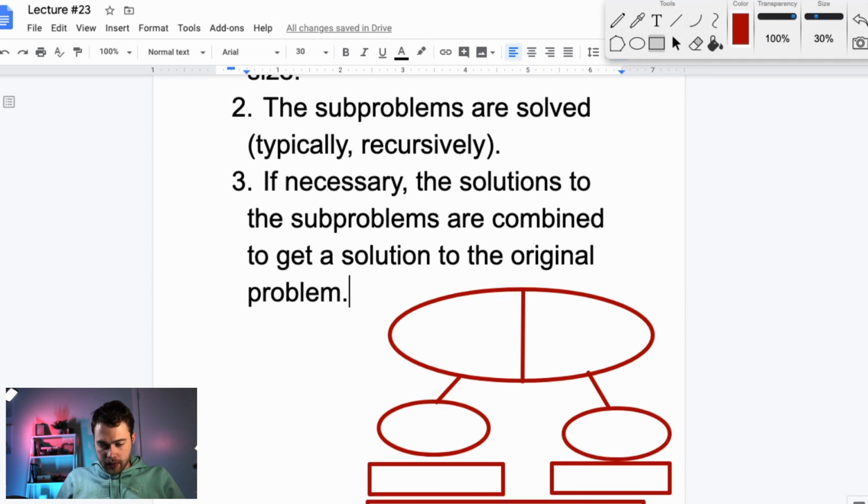Again, I have a problem of size n, then I divide it into two pieces of size n over 2, I solve them separately, I find the solution to each one of them, and then combine the solutions somehow and I get the solution to the original problem.